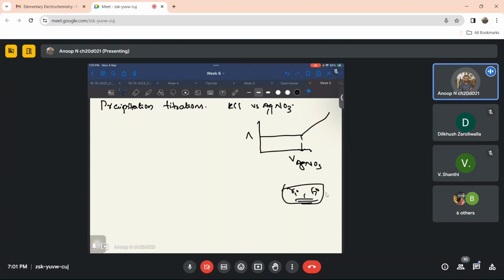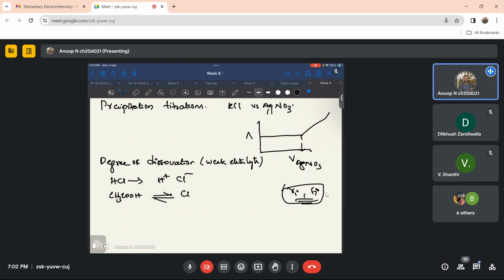So the last topic we will touch here is the degree of dissociation. It is applicable for weak electrolytes, because strong electrolytes will be completely dissociated. If you put HCl, it will be H plus and Cl minus. But for CH3COOH, we write it as CH3COO minus plus H plus.